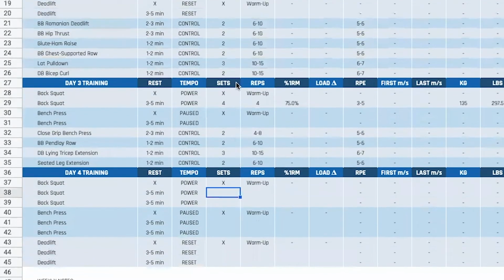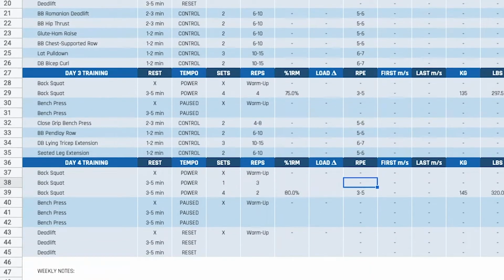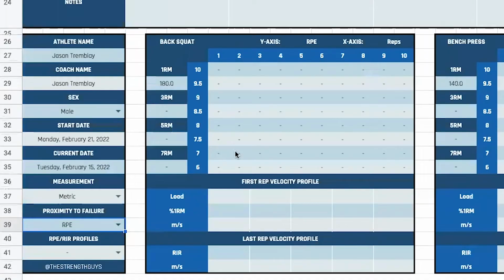And then, you know, for the sake of this video, we'll do some sort of top set. So let's do 1 set of 3 at 6 RP. Now, with the 6 RP, that's quite low, but it should still populate.